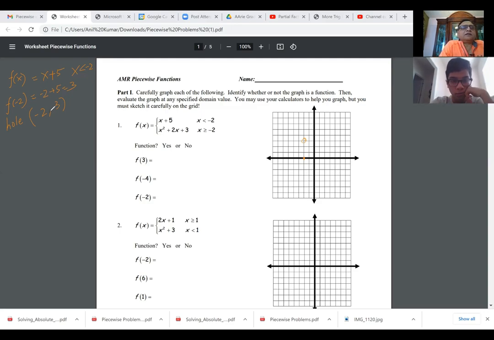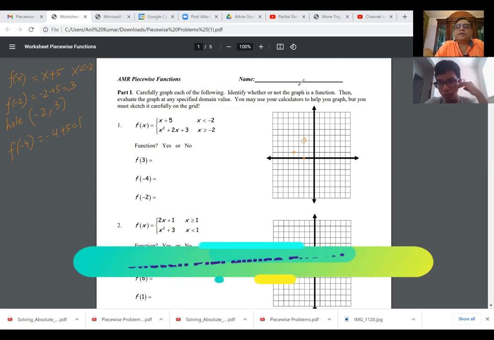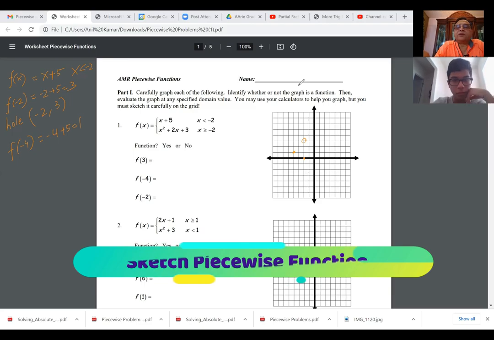Yeah. Let's take another point. Let's say f of minus 4, right? So if I write minus 4 here, I get minus 4 plus 5, which is equal to 1, which is a point on the curve. So minus 2 we have taken, 3, and then minus 4, 1. When you connect these 2 points, you get the left side of the curve.